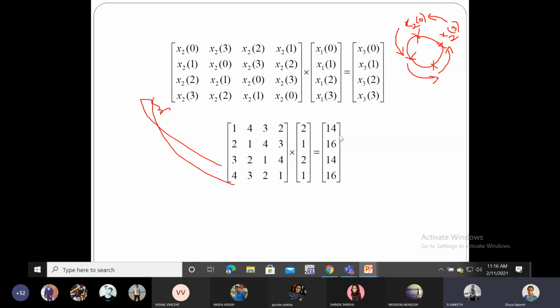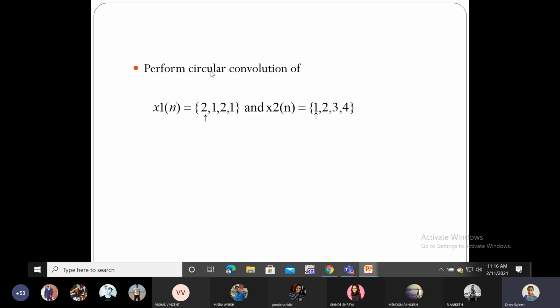The first row, first element, for this 14 number, the resultant one, 14, will always be kept as y of 0. Why? Because x1 of n is starting from the origin, and x2 of n is also starting from the origin.